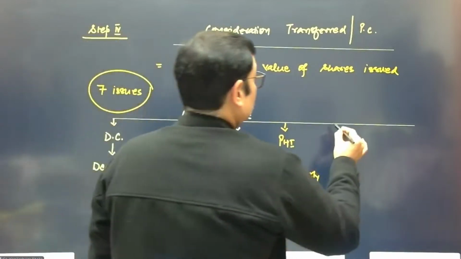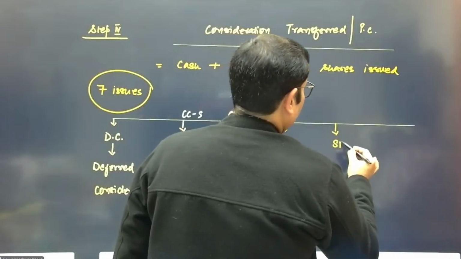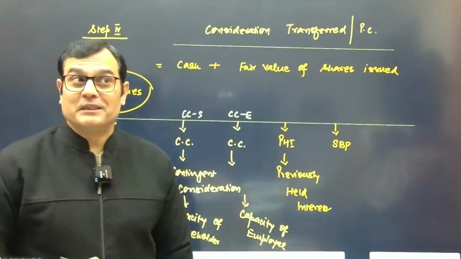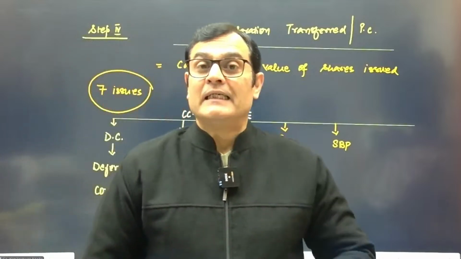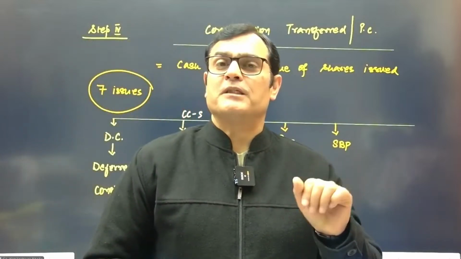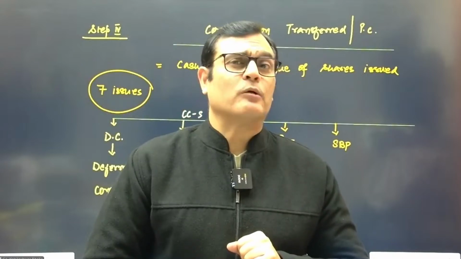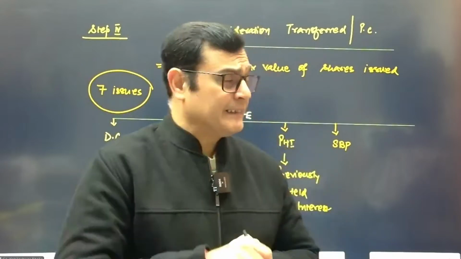Then number 5 is what we call SBP. I'm using short forms so that the mind gets very clear on this agenda. SBP is called share-based payments. If you remember, I said we're going to talk about the reacquired rights and the share-based payments later.